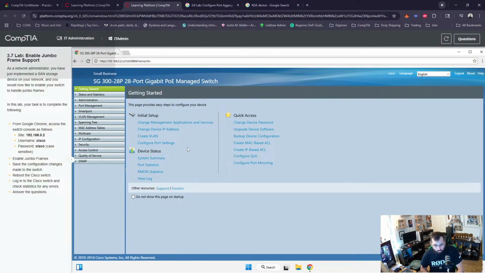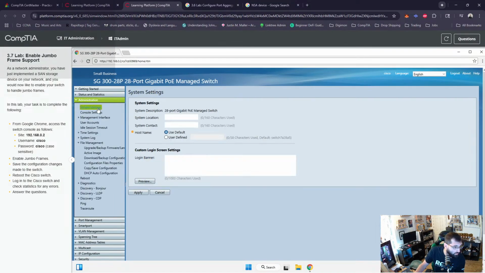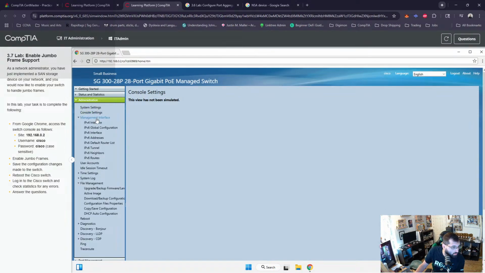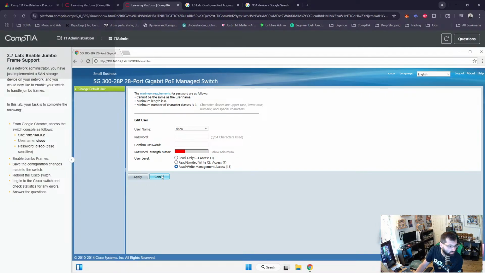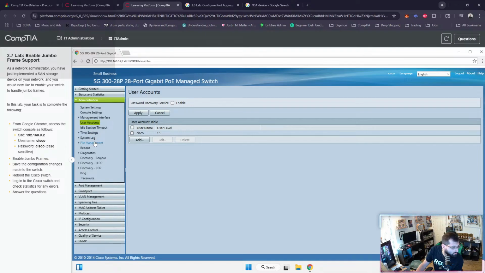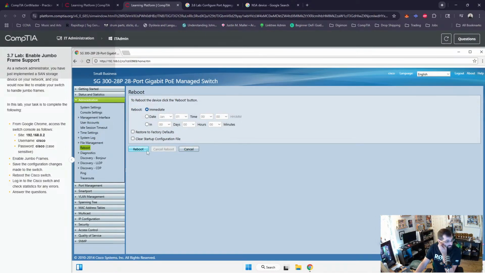Okay. So rebooting the switch has to be something that's in here. Initial setup, create VLAN, device configuration, change appliances. Maybe that'd be in administration. System settings. No, this is the account. Reboot. Immediately.